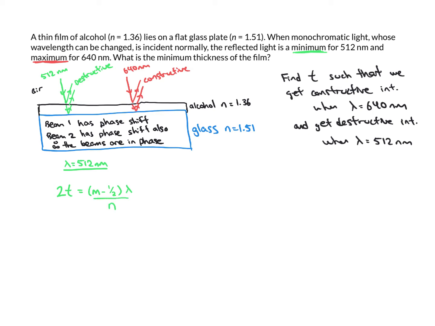I'll use N to stand for alcohol's index of refraction, because alcohol is the thin film here. Meanwhile, for the red laser light, so 640 nanometers, we want constructive interference, so we want 2t to be an integer multiple of lambda in the alcohol.